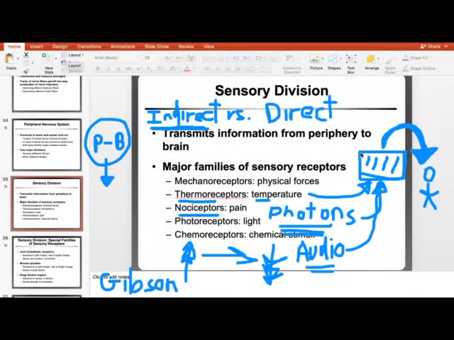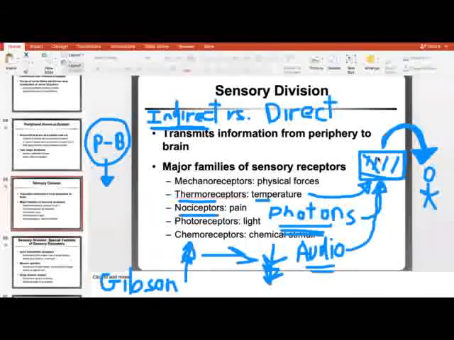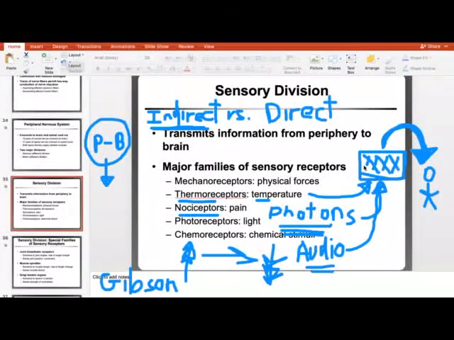So it's not a black box thing. There's no reason for the brain to have to do this step, this indirect step of understanding what all of these receptors actually mean. Gibson is saying that these signals are the connection.